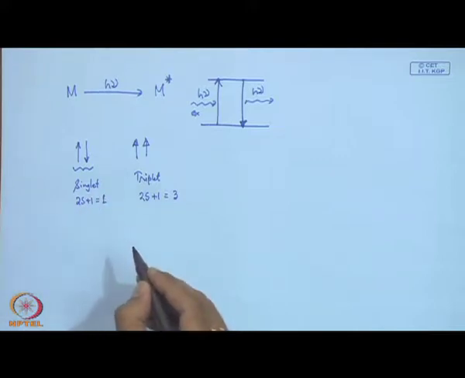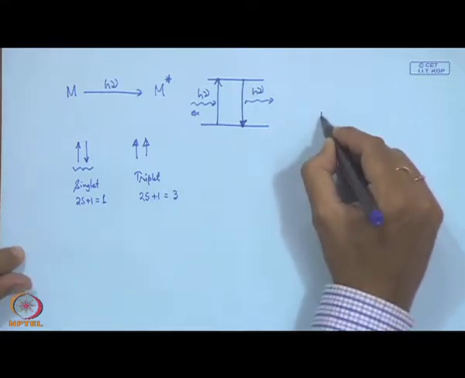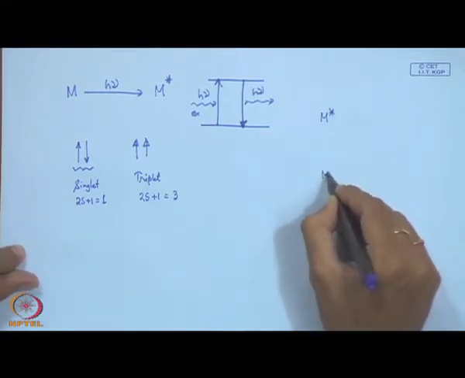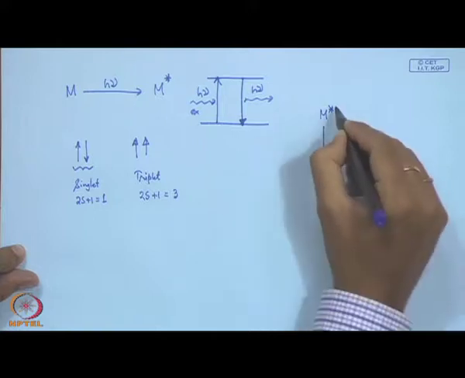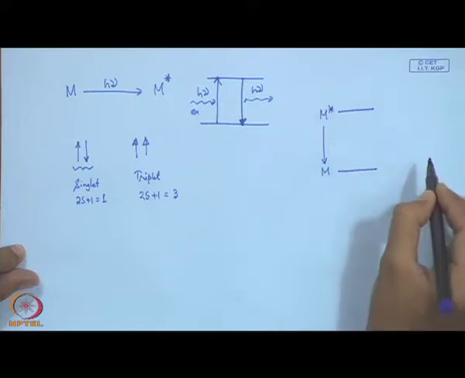Since it is a radiative transition, that is, M star to M, M star means one level, M means another level.